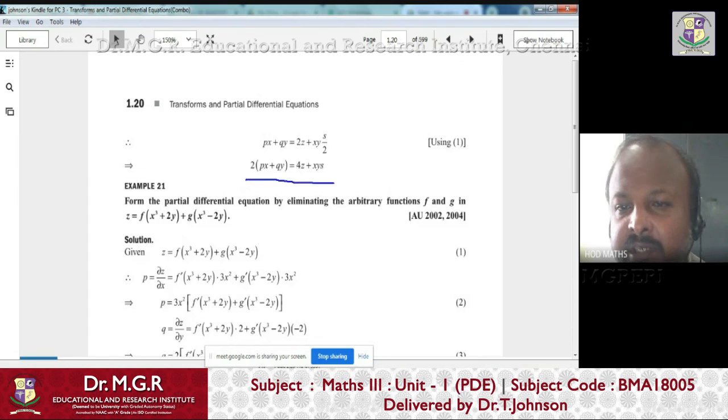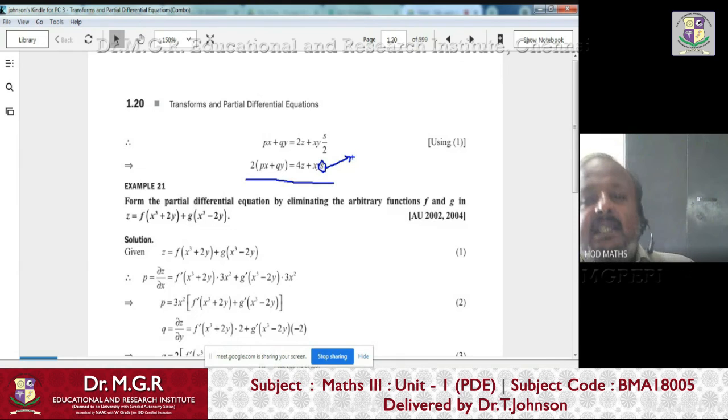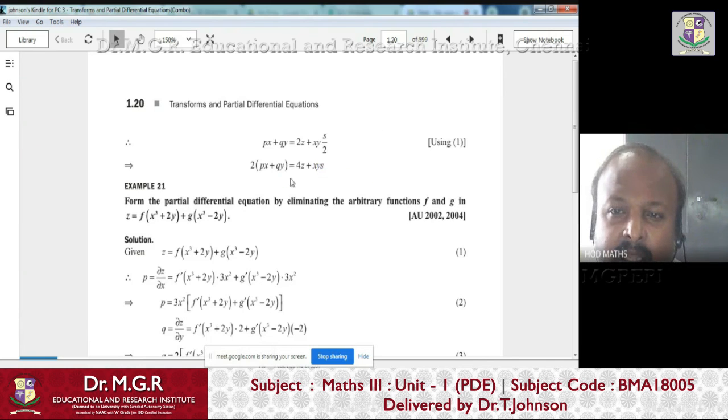So this equation contains p, q, s. There is no arbitrary function and no arbitrary constant. But remember this, it is very very important: since s is present, it is of order more than 1, because s is a second order derivative. So whatever equation you are getting is a second order PDE, because p and q are only first order derivatives.